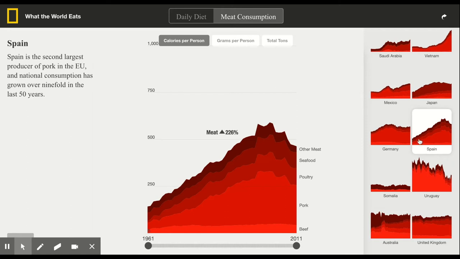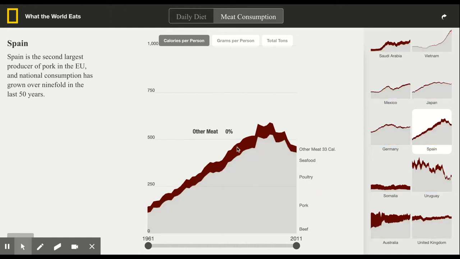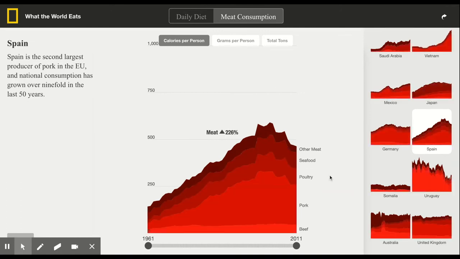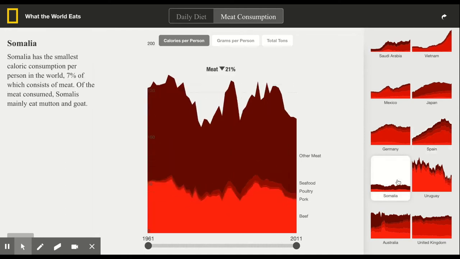So for example, in Spain, the meat consumption has absolutely skyrocketed. And you could see that that would be with an increase of industrialization and the end to the dictatorship. In Somalia, by contrast, meat is less than 200 calories a day per person.